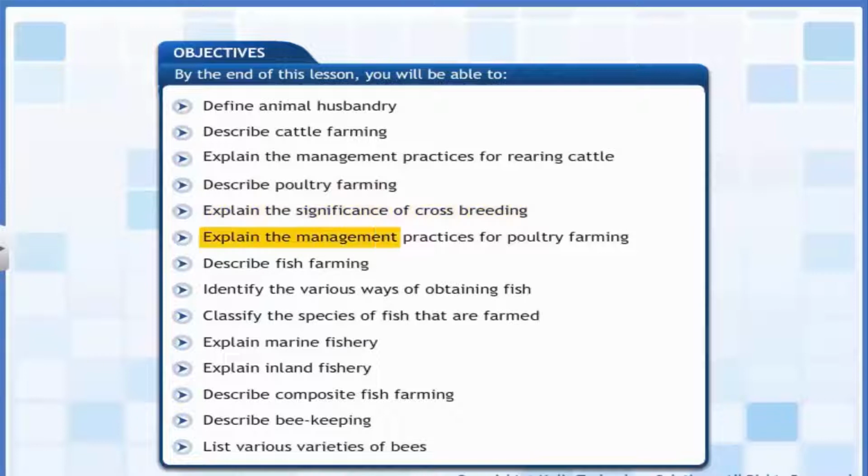Explain the management practices for poultry farming. Describe fish farming. Identify the various ways of obtaining fish. Classify the species of fish that are farmed. Explain marine fishery. Explain inland fishery. Describe composite fish farming. Describe beekeeping and list various varieties of bees.